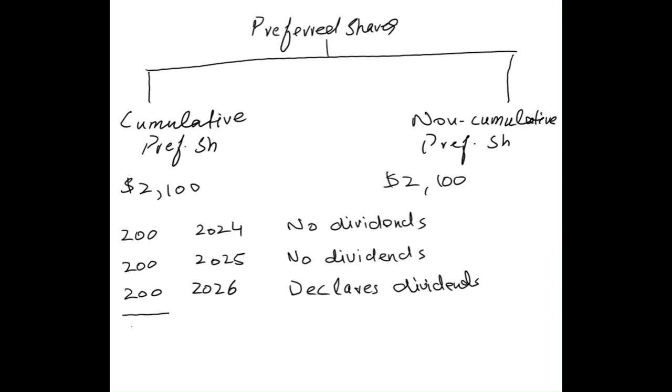So in total, they're going to get paid $600. Non-cumulative, on the other hand, 0 for 2024, 0 for 2025, and then 200 for 2026, and a total of $200.